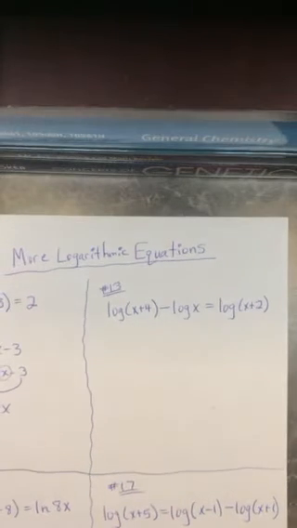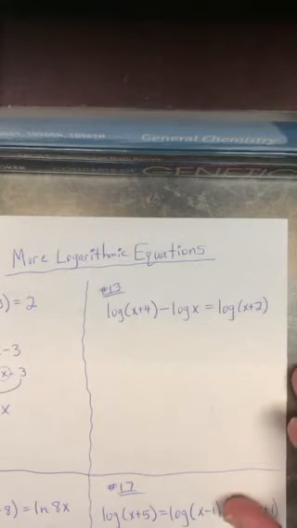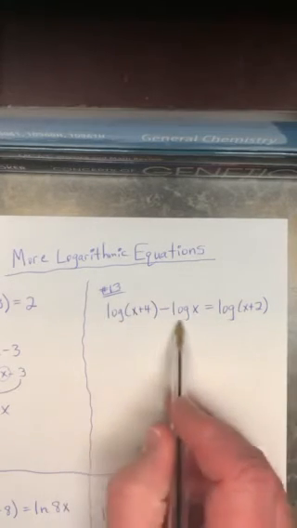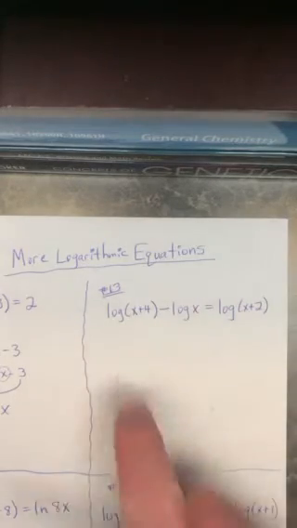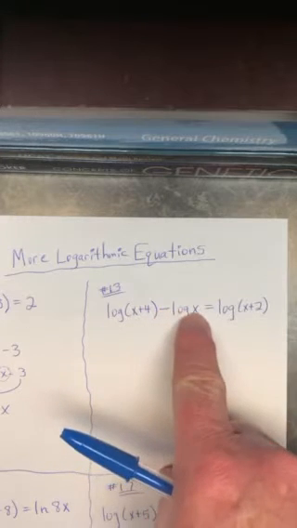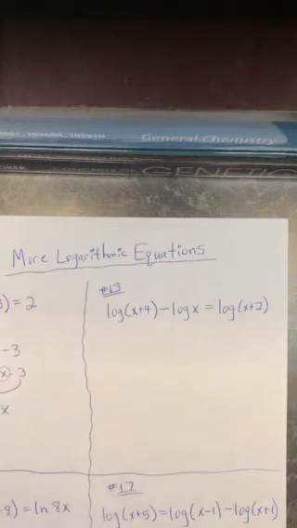13. Log of x plus 4 minus the log of x equals the log of x plus 2. Okay, remember we condensed and expanded logarithms. Shouldn't this left side get condensed? That's what I notice, because I've got the log of m minus the log of n. Remember the quotient rule as we called it?